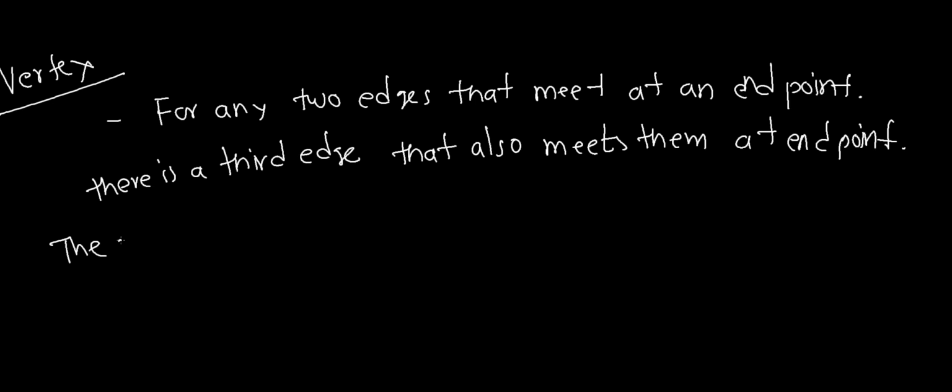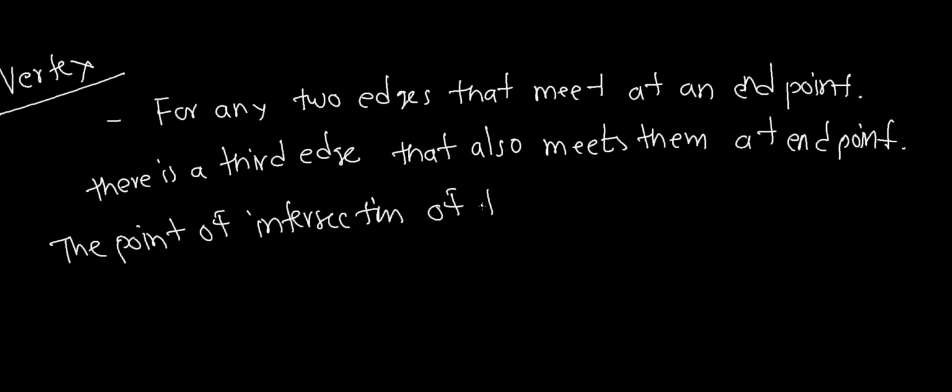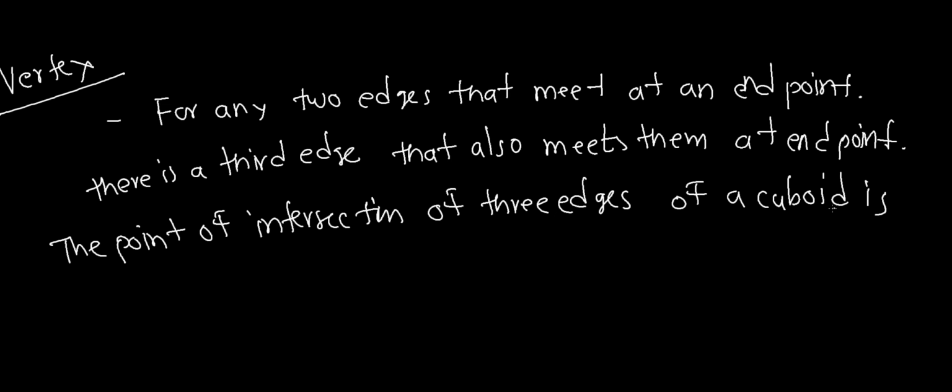So the point of intersection of 3 edges of a cuboid is called a vertex of the cuboid.